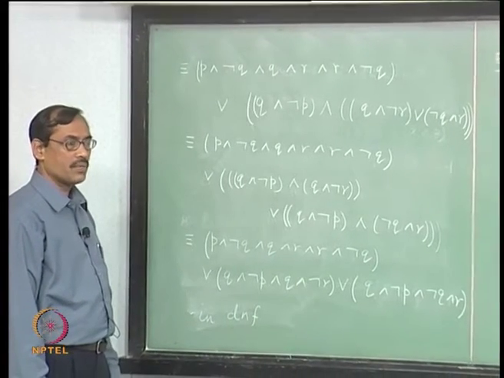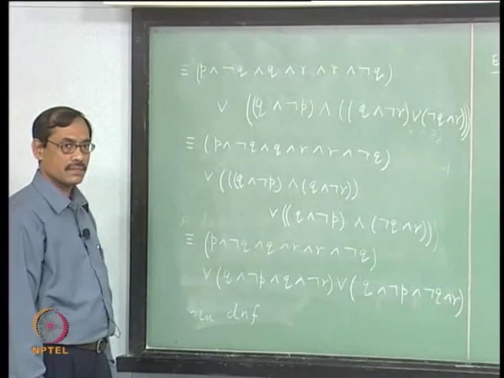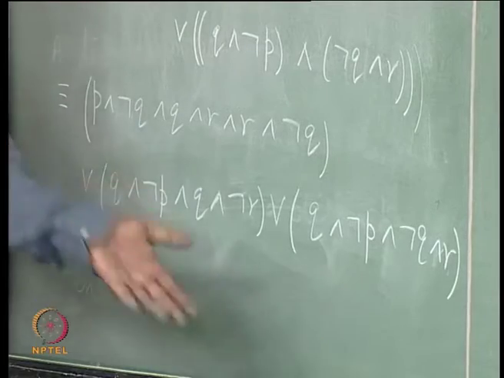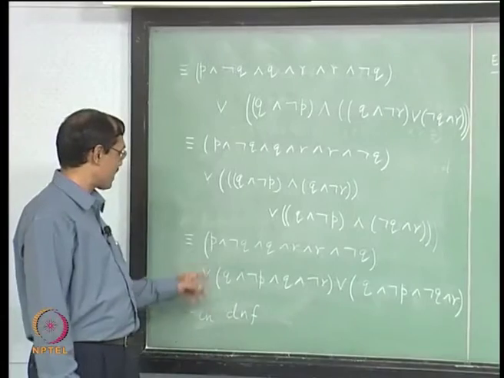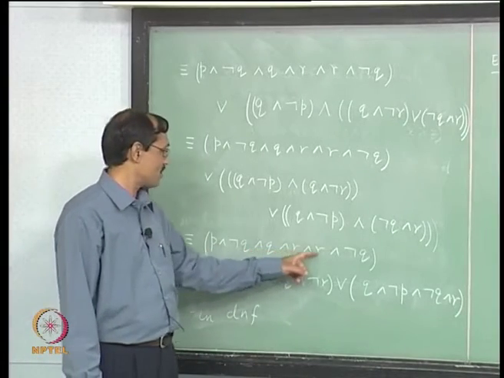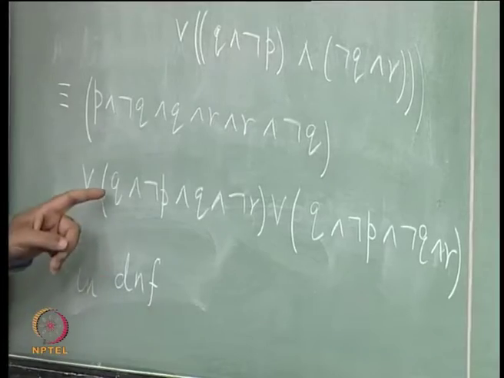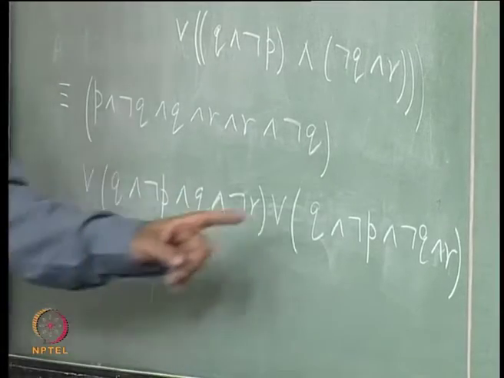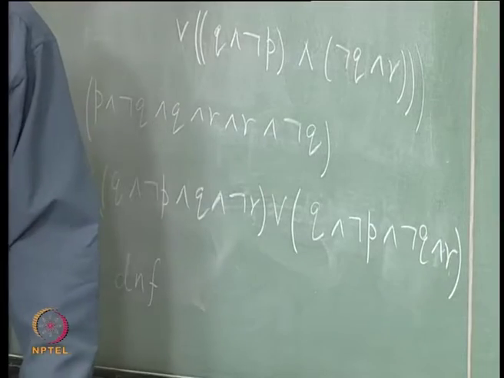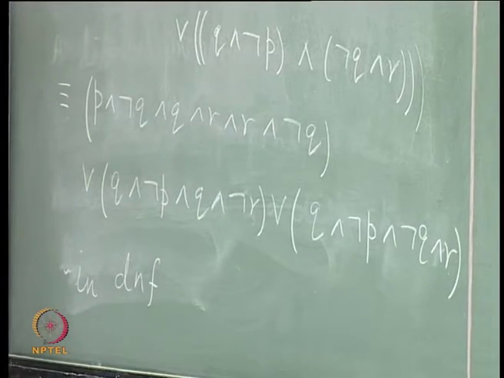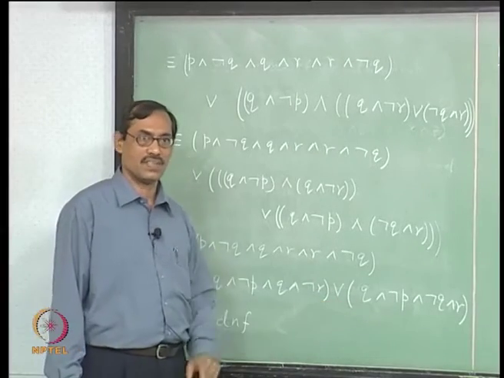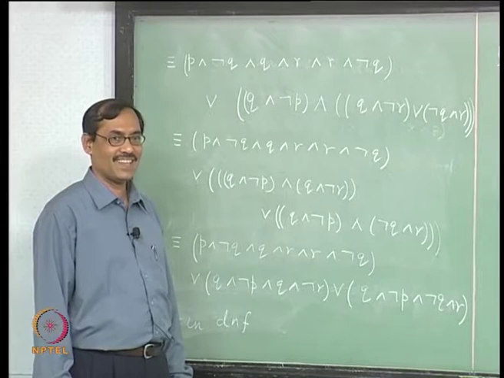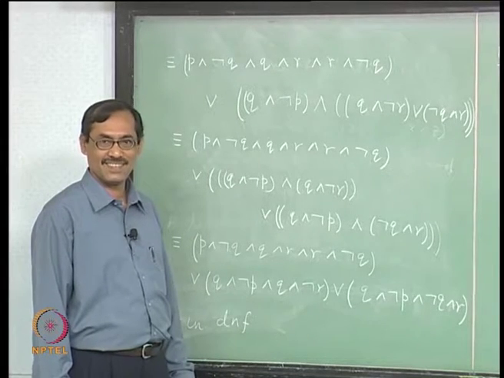Okay. Now, to bring it to CNF, distribute everything. So how many factors are here? 1, 2, 3, 4, 5, 6. Here are 1, 2, 3, 4. Here are 4. So it will give you how many clauses there? 6 into 4 into 4 clauses, right. That becomes clumsy, fine.